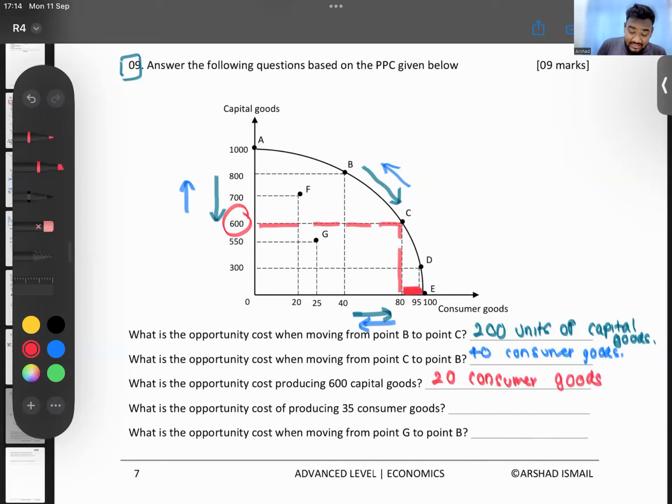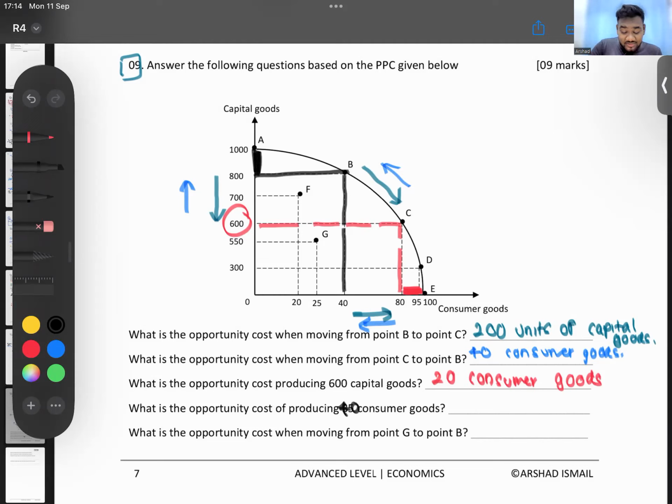Done. Then the next one, what is the opportunity cost of producing 35 consumer goods? Shall we make a small correction, guys? There is no 35 in the question. Shall we make this 40? 40, right? Tell me, what is the opportunity cost of producing 40 consumer goods? Because you're producing 40 consumer goods, how much of capital goods can't you produce?